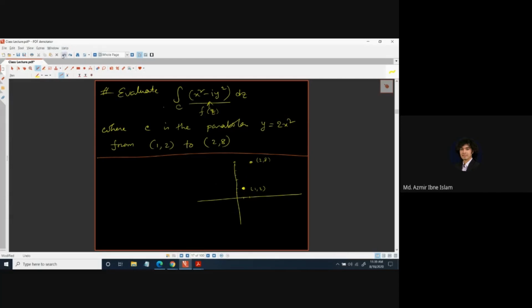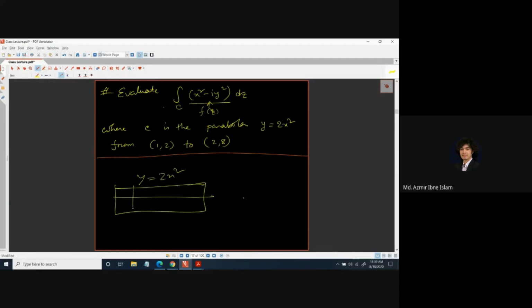At first, try to understand how we can draw the graph. Do you know how to draw the graph? We have y equal to 2x squared, so we can input x, let's say 0, 1, 2. If we input 0, we will get 0. If we input 1, we will get 2. If we input 2, that means 4 times 2, 8. So we are getting 0, 0; 1, 2; 2, 8.